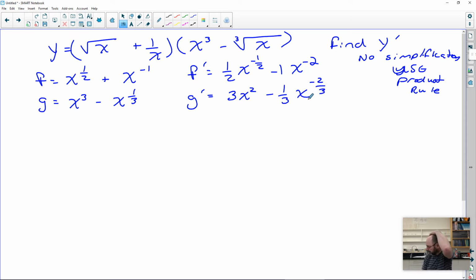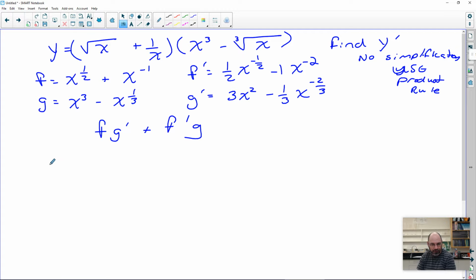If we just want to leave it in factored form, which I mean just putting these together in the product rule now, so f g prime plus f prime g.